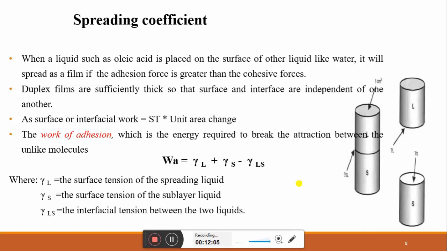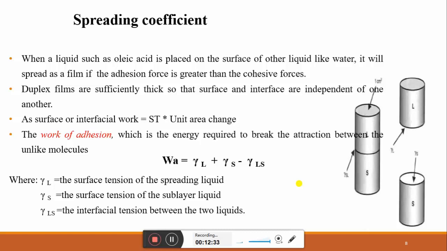So what is the meaning of spreading coefficient and why is it important? We'll discuss the applications of spreading coefficient, but first we'll see what it is. If we place some liquid like oleic acid on another layer of liquid like water, it will spread as a duplex film if the adhesive force is greater than the cohesive force.